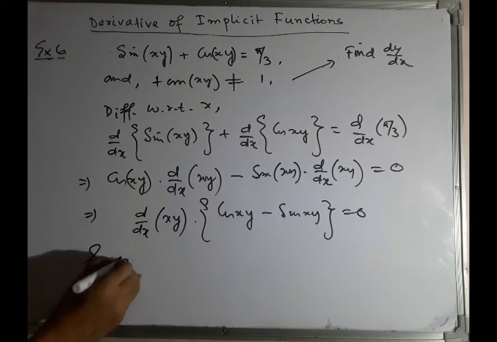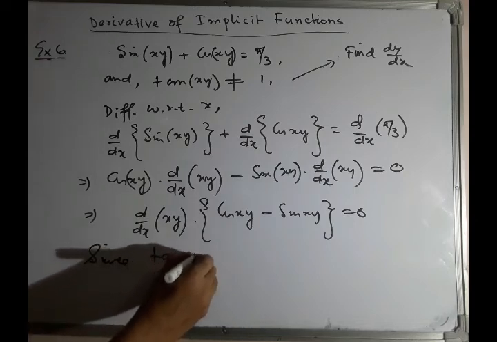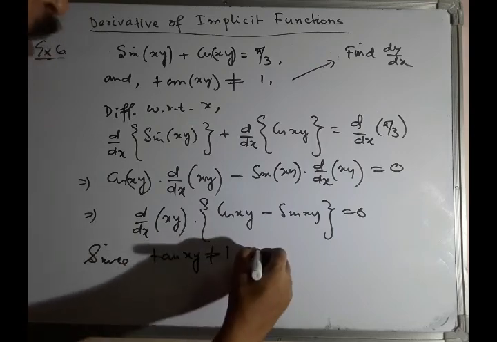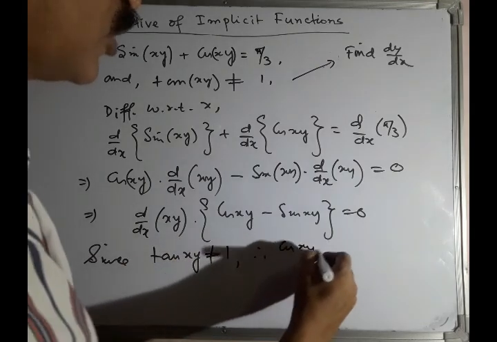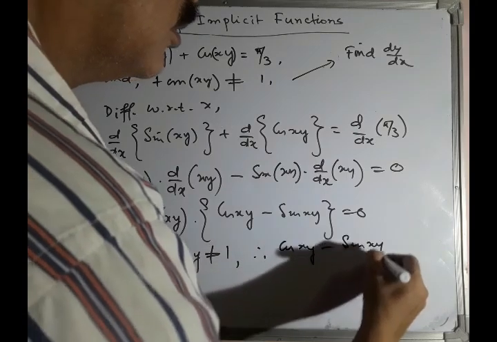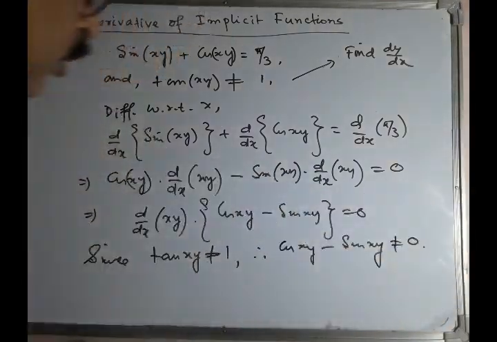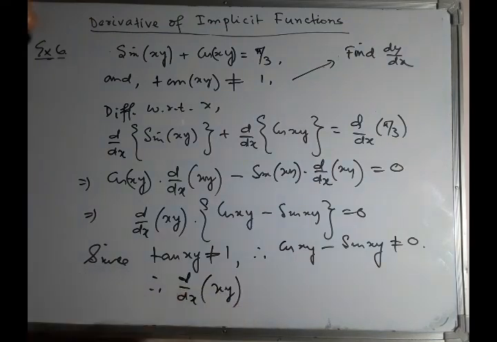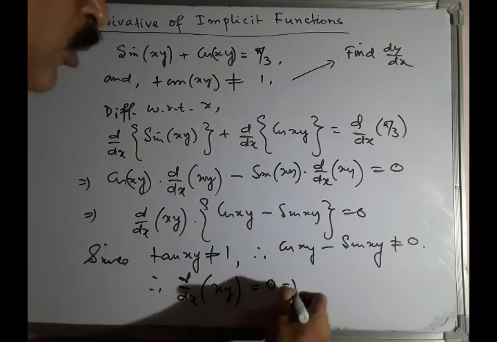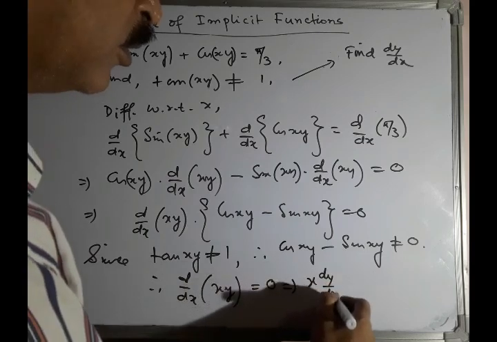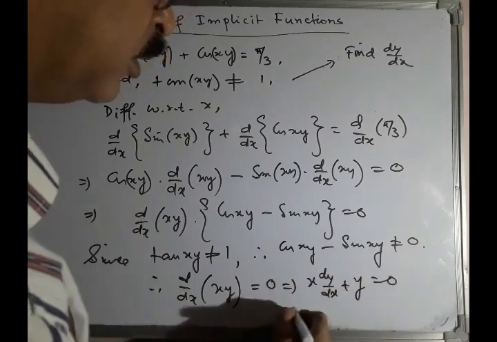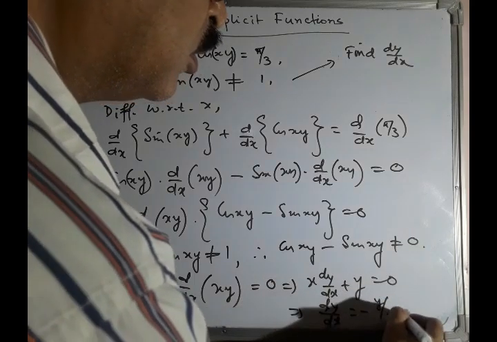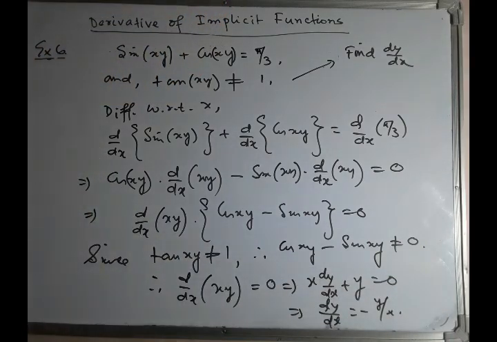So since tan xy not equal to 1, therefore cos xy minus sin xy not equal to 0, and therefore d dx of xy equal to 0. X dy by dx plus y equal to 0 implies dy by dx equal to minus y by x.